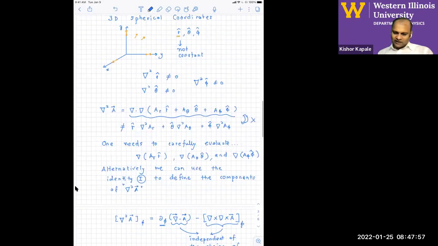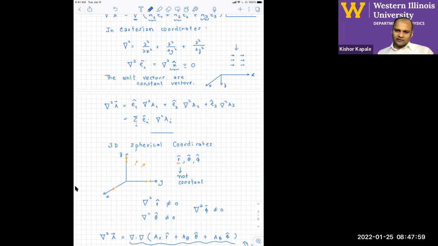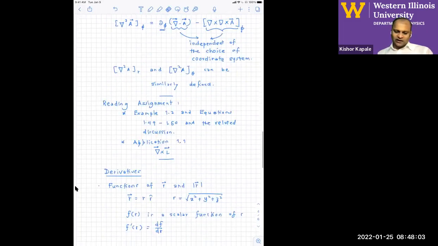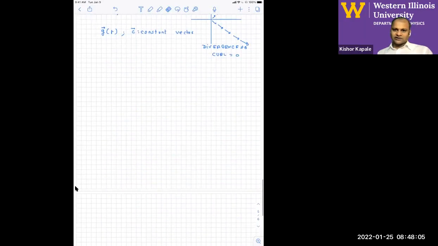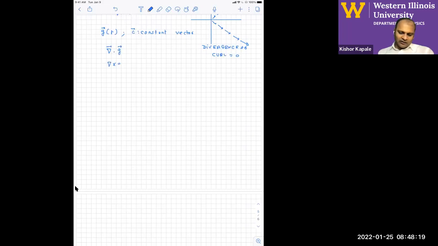You saw an example of a constant vector here: x hat in that situation was a constant vector. Its amplitude and direction do not change as you go from one field point to the other. Let's look at a couple of other identities related to this. When you have g as a vector quantity, you can evaluate either its divergence or its curl, right?